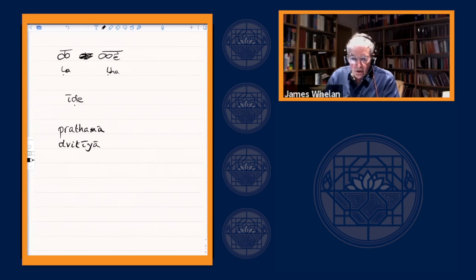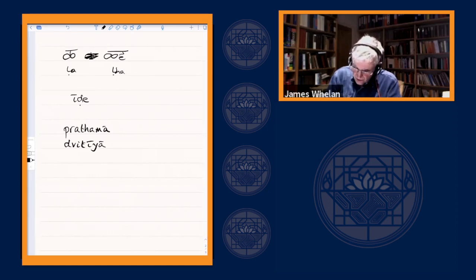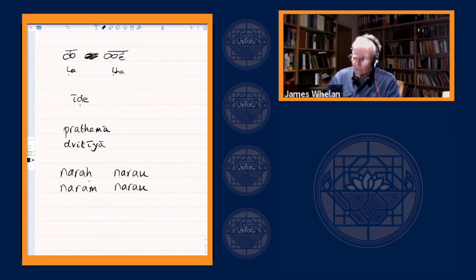The dual ends in an au. Let me write this down. So the dual, so we've got narau, and the accusative, dual, narau. Note that in the dual, the nominative and the accusative are always the same.